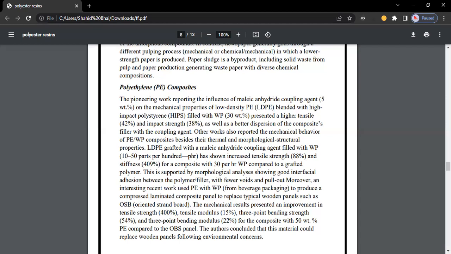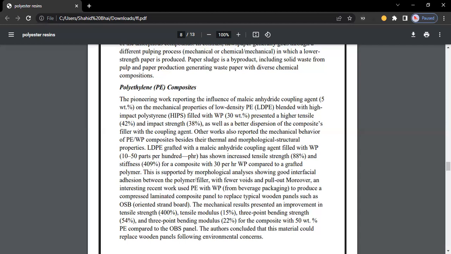LDPE grafted with the maleic anhydride coupling agent, with almost 10 to 50 parts per hundred, has shown an increase in tensile strength of 88%.